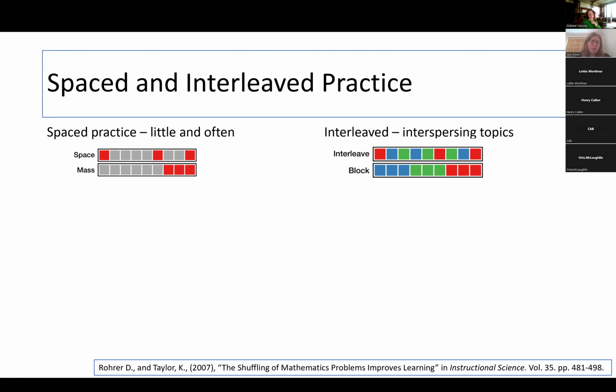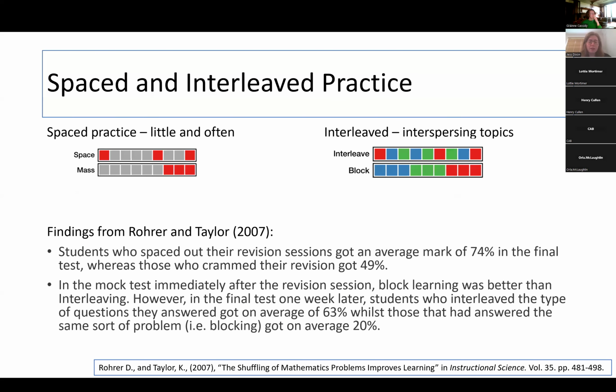The benefits of these methods of review have been shown in a study by Rohrer and Taylor. Students who spaced out their revision sessions got an average of 74% in the final test, whereas those who crammed got 49%, so a significant difference. They found with interleaved practice, when they did the initial test immediately after revision, those who did block learning did better.